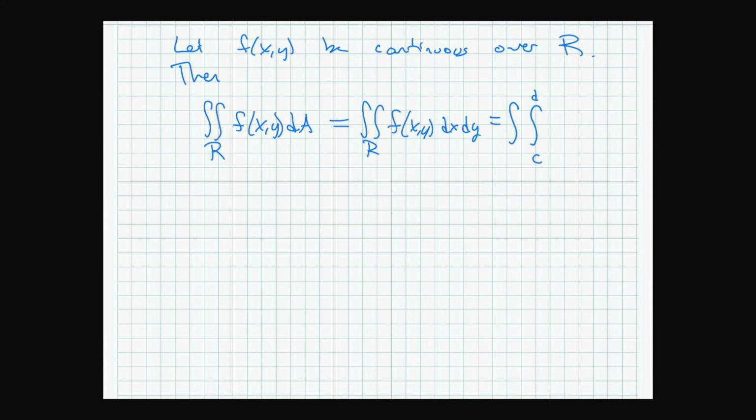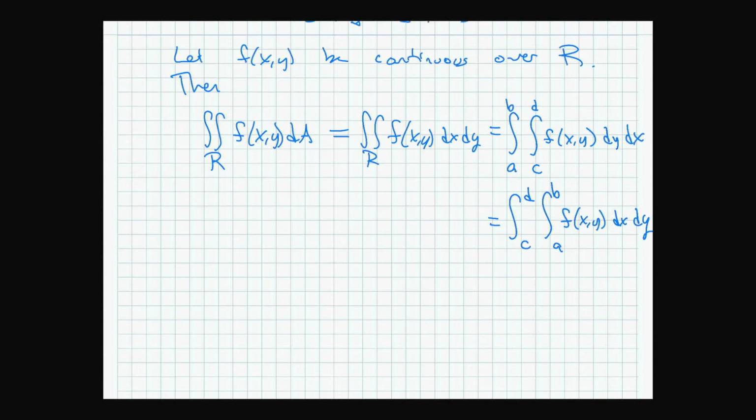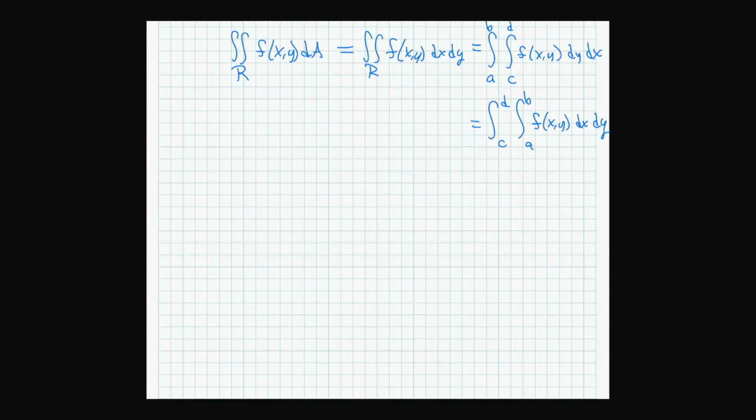So you can either go c to d, a to b, of f of x, y, and then I guess that would be dy dx, or you can reverse the order, your choice, f of x, y, dx dy. So what this is saying is when you have a double integral, you just do an iterated integral instead. That's all we're saying here.